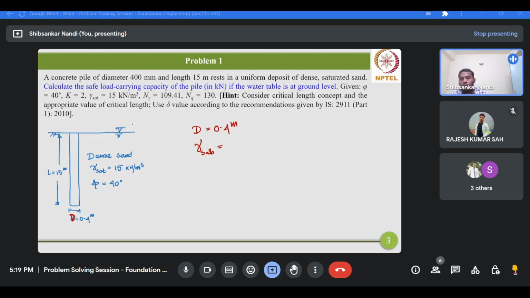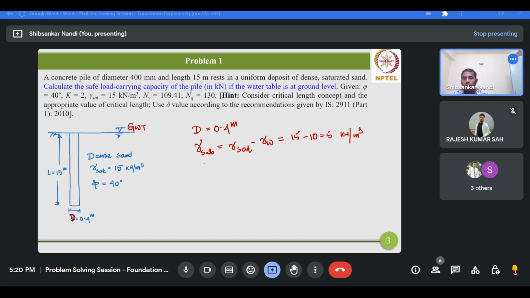The groundwater table is located at the ground surface. So gamma submerged is gamma sat minus gamma w, so 15 minus 10, that is 5 kilonewton per meter cube. This unit weight we will use for the calculation of load carrying capacity of the given pile.